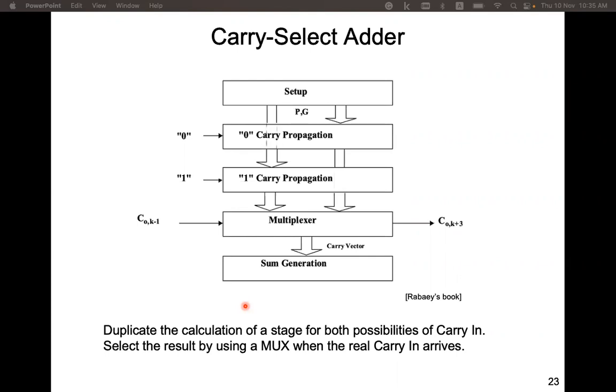The idea is to generate the CO for both cases, when the carry in is 0 or 1. For both possibilities, we calculate the output.